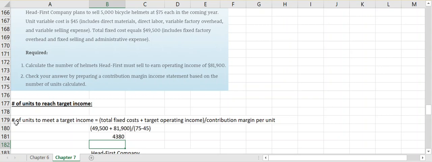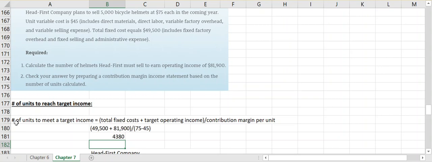We might sell 5,100. But now it's showing us that that $81,900 is really something that's achievable. If we did this formula out and it said we'd have to sell 9,000 helmets in order to reach that goal, and we only plan to sell 5,000 this period, we would know that that $81,900 is a little bit out of reach for us during this period of time, and that would help us with our budgeting.